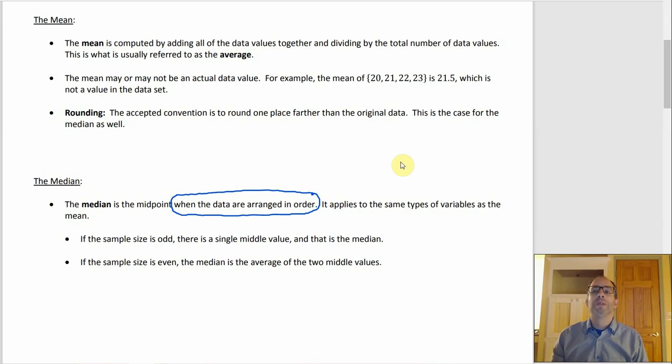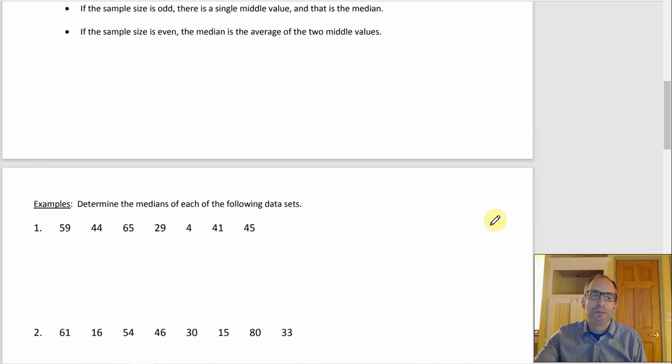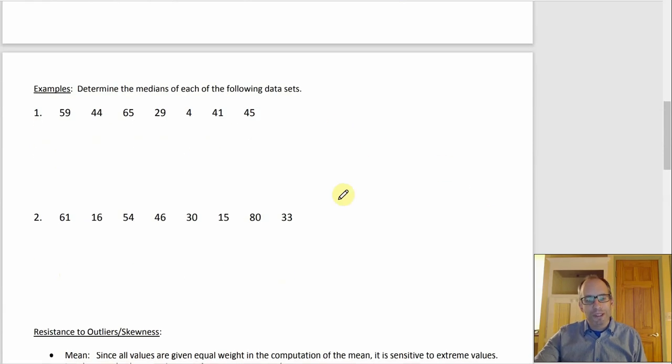That's your median. If you have an even number of data points, you're going to have to average the 2 that are in the middle, the 2 that are the most central. But that's only a tiny little bit of extra work. So, all right, figuring out medians. The top one has 7 data points, or 7 observations, and the bottom one has 8.